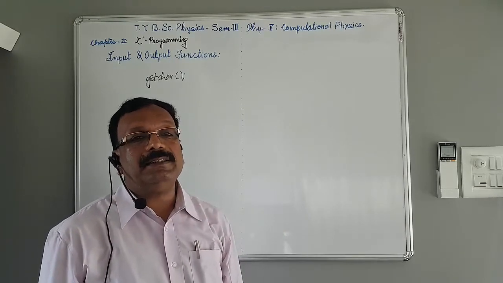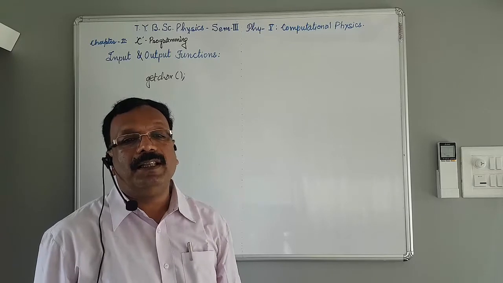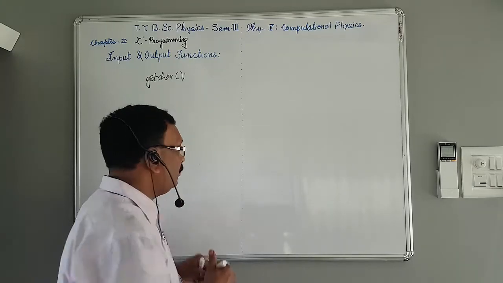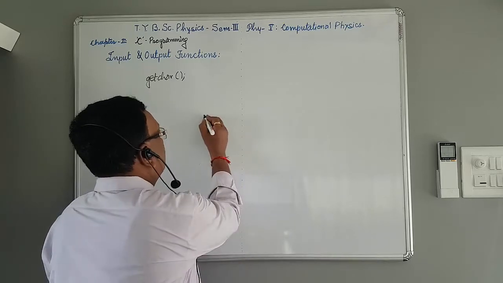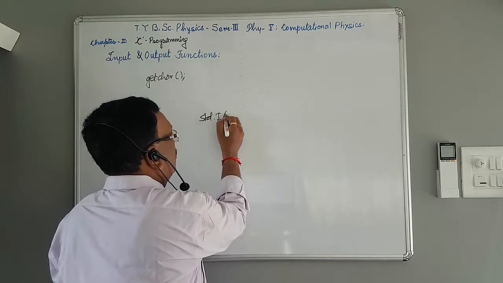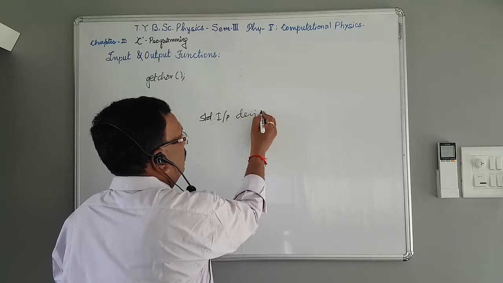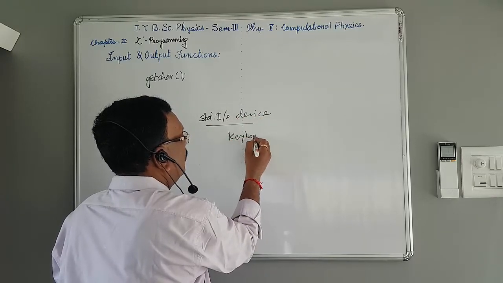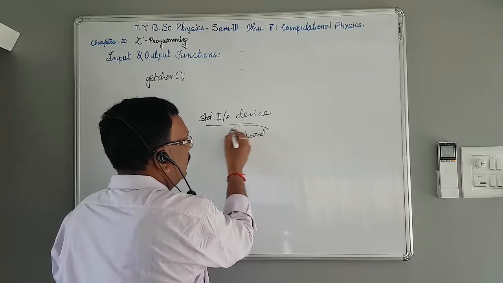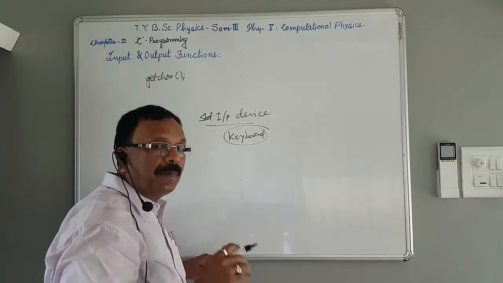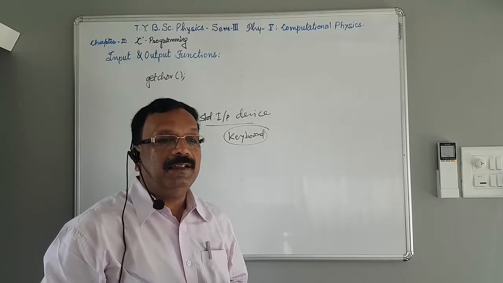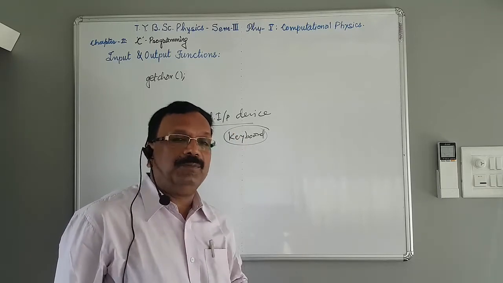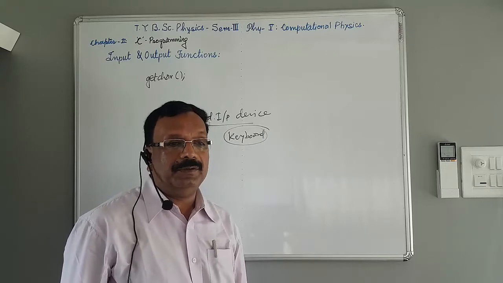The getchar function returns a single character from a standard input device. We know that we always supply the data through a standard input device, and such a device is the keyboard. If we supply the data through the keyboard by pressing a single key, then the getchar function, which is an input function, is very useful.